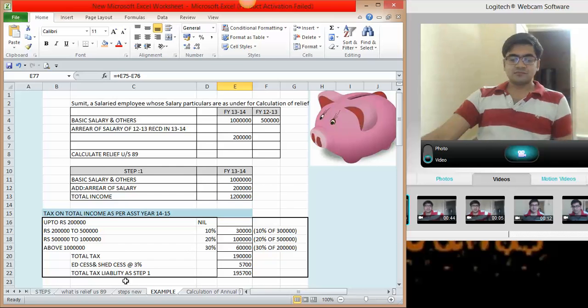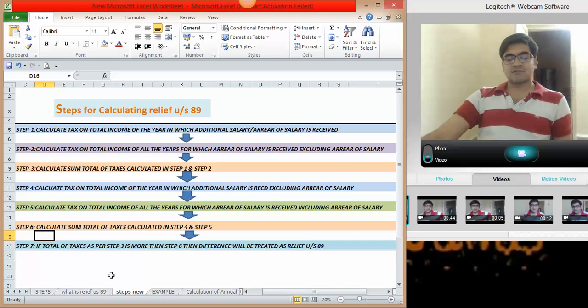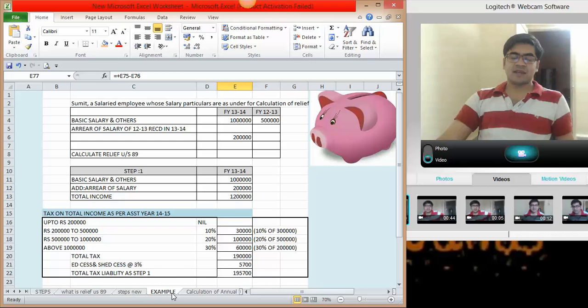Now we have already gone through all the steps. We have already gone through all the Bare Act provisions and all. But let us understand what we have done in these steps. Have you got any idea about this? We have done nothing. We have just calculated the tax. In one way, we have calculated tax on accrual basis, and in another way, we have calculated tax on receipt basis. For step 1 and 2 calculation, step 3 is only the sum of 1 and 2.